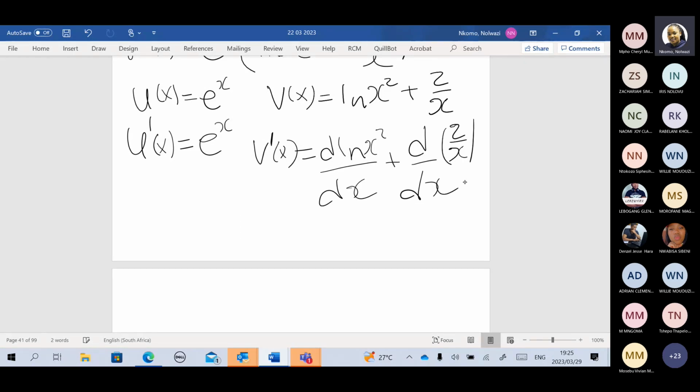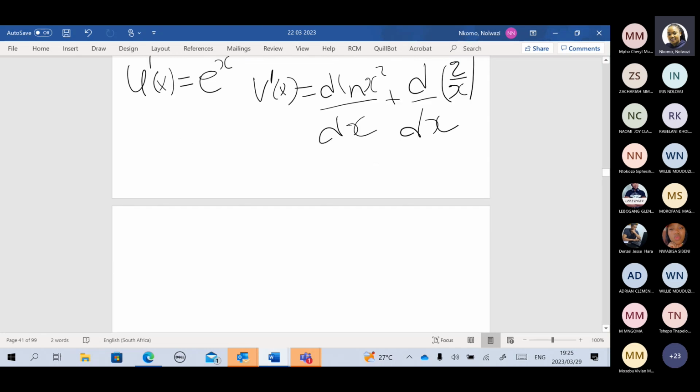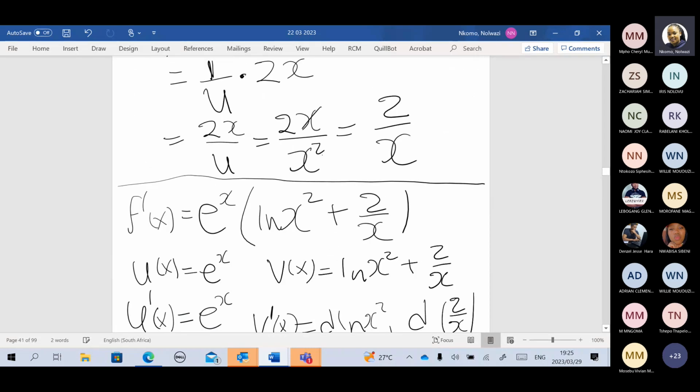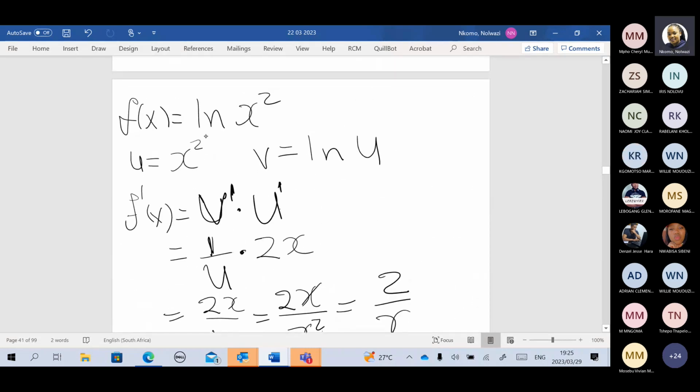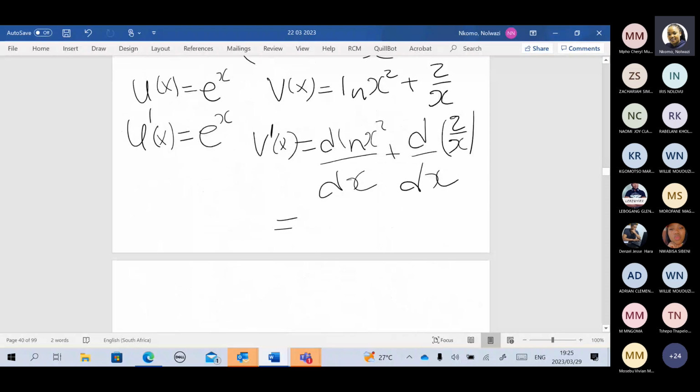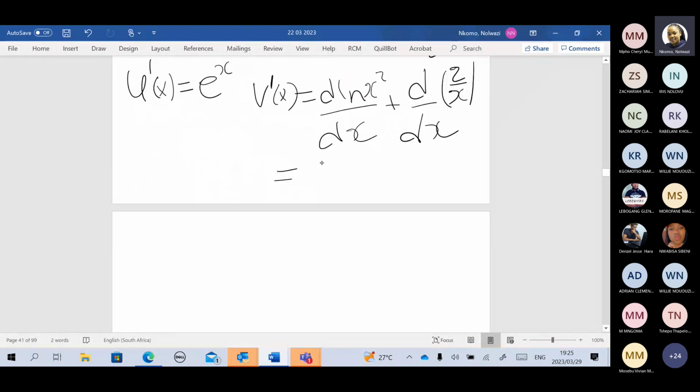The derivative of ln x squared is 2 over x.